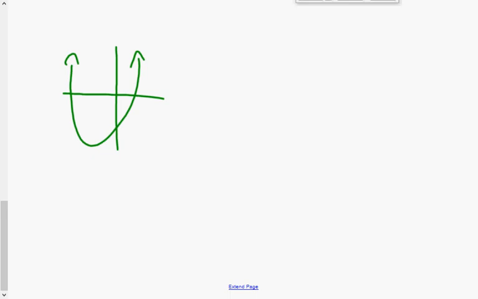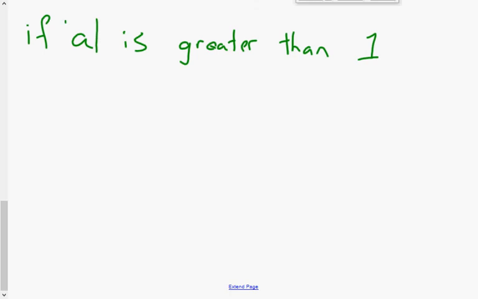Let's talk more about the A value. Okay. So if A is greater than 1, oh, it should be the absolute value.